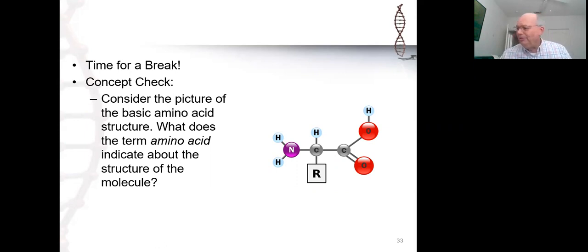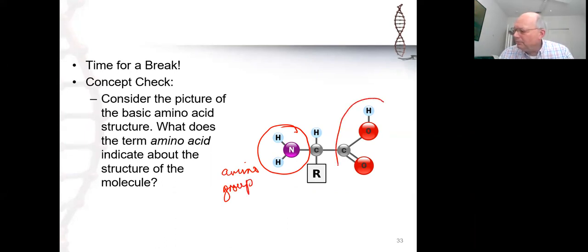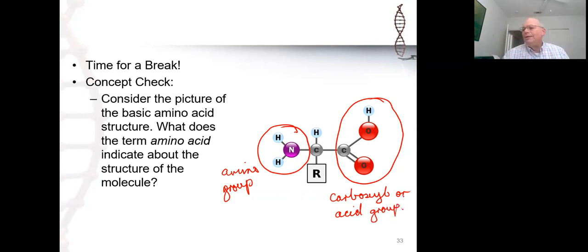The answer, if you remember from when we were looking at the functional groups, is that it has an amino group and a carboxyl group or acid group. So that's what is meant by amino acid. It's got an amino group and it's got a carboxyl or an acid group as part of the molecule.